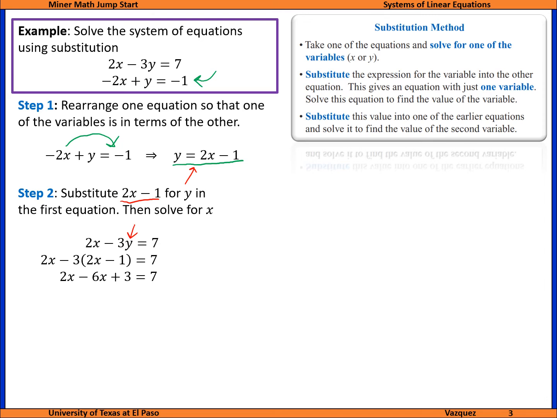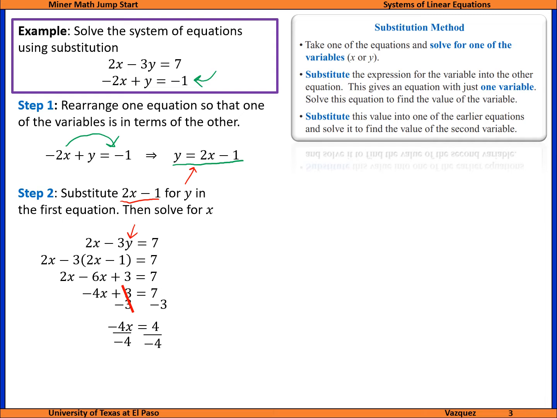The 2x minus 6x becomes negative 4x. Then we subtract 3 from both sides so that the positive 3 and negative 3 cancel out. We have negative 4x equals 4. This is purely algebra to solve for x.